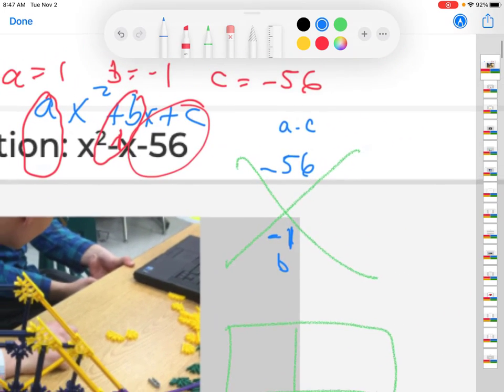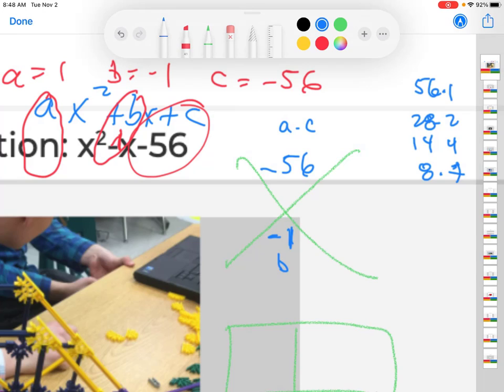A good strategy is to list out all the factors. What's half of that? That'd be 28, 4 goes in there once, and then 14, 5, 6, and 7.